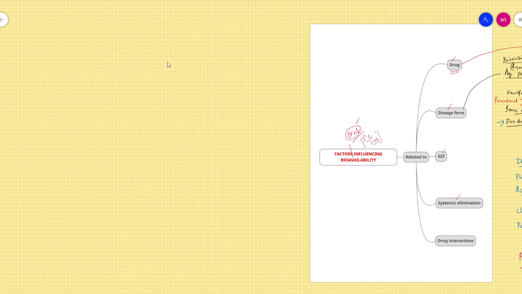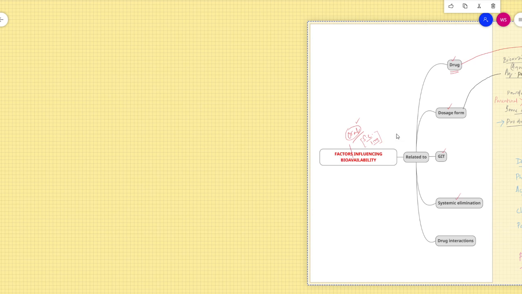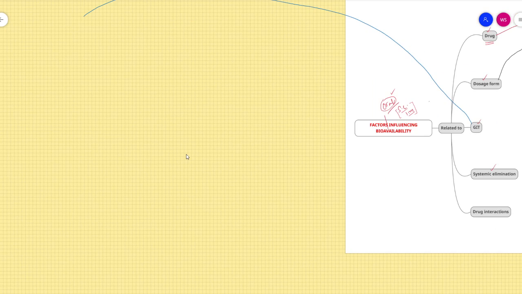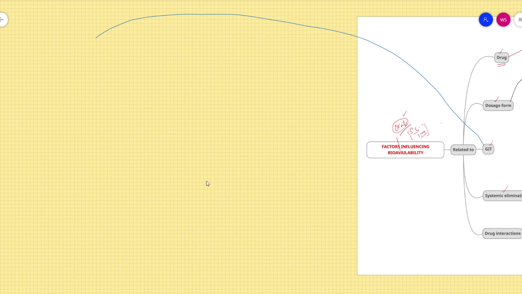The next factor that we're going to discuss is the factor related to GIT. So let's bring it up somewhere here. Then we can talk about factors related to GIT which influence bioavailability.